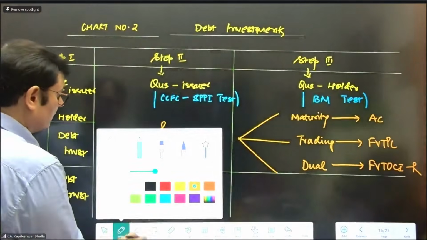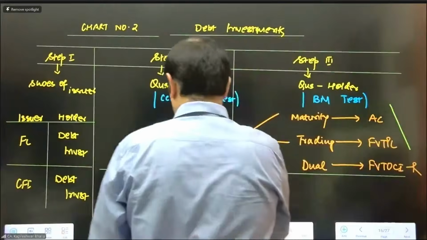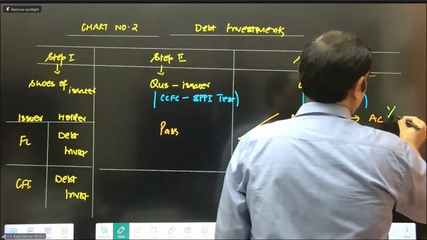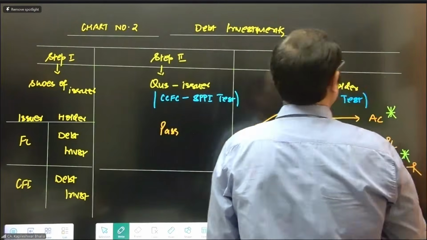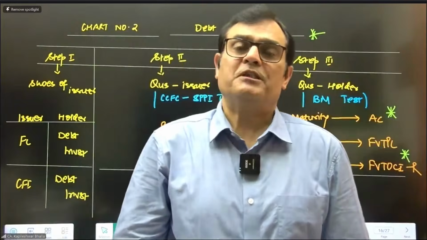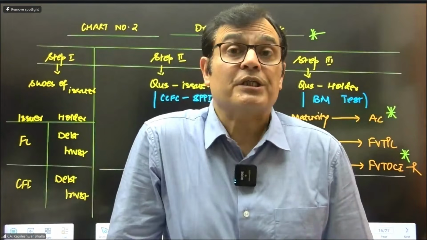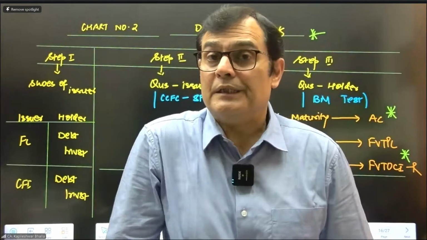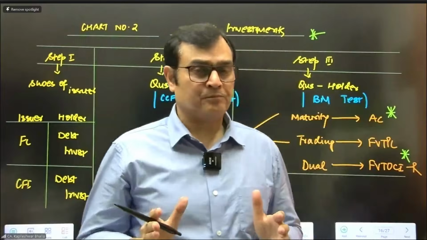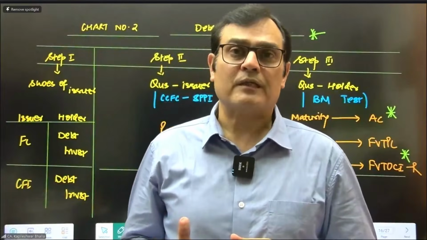And I think it is worth making a mention further at this stage. If it is supposed to be AC or FVTOCI, the company can alternatively choose FVTPL, but this is not a free choice. This is a conditional choice which is exercised only when you want to eliminate or reduce the accounting mismatch. We've done extensive discussions of elimination or reduction of accounting mismatch.